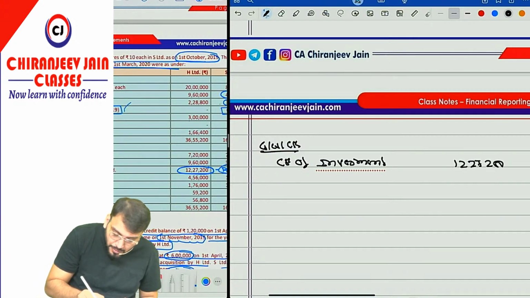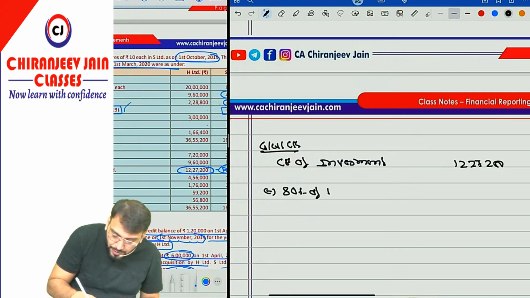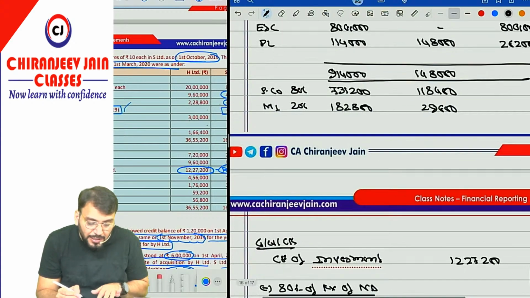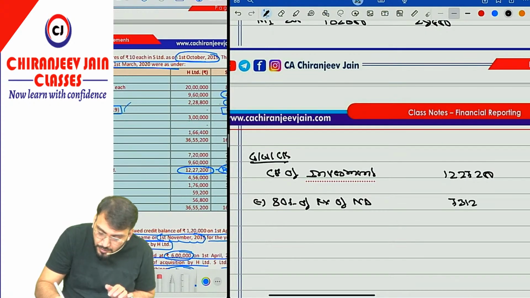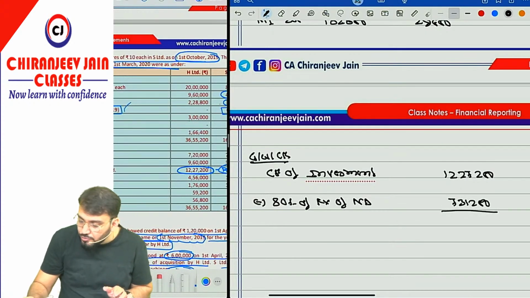The cost price of investment is 12,27,200. From this, minus 80% of the fair value of net assets, which we have already calculated: 7,31,200. It is 12,27,200 minus 7,31,200. It's coming how much?